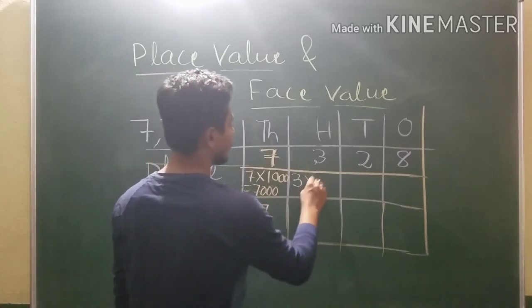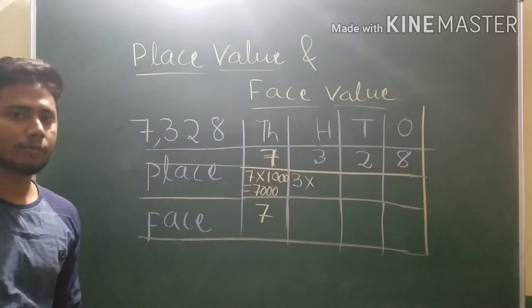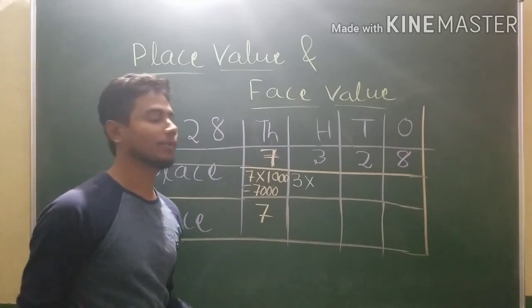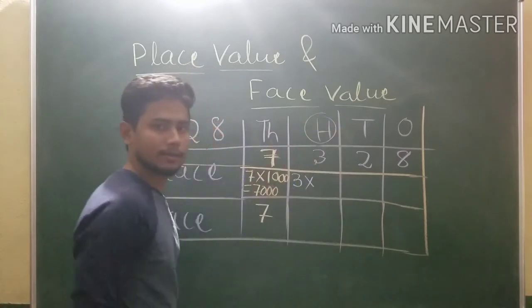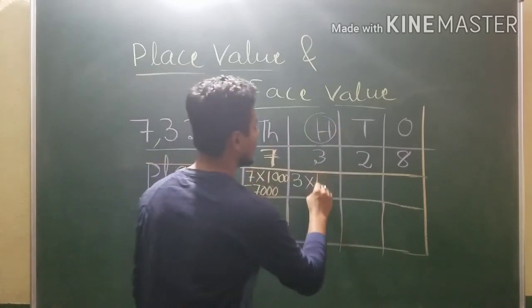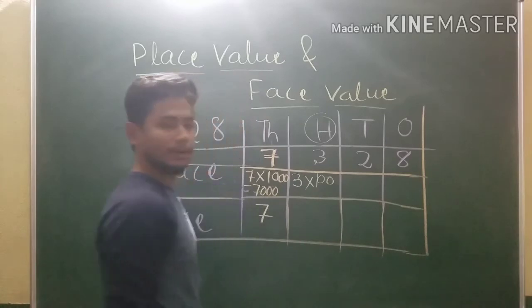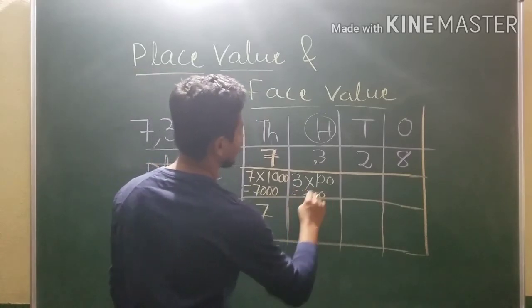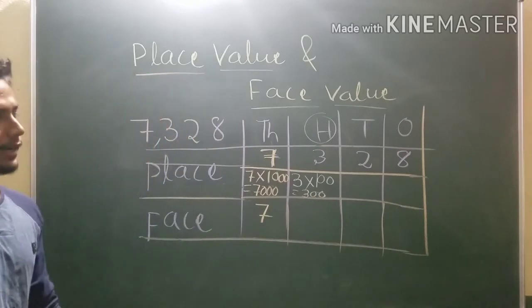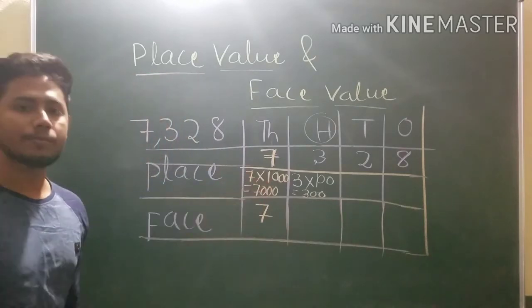Then put the multiply symbol. Then multiply with which number? Multiply with this place number, that means 100. 3 into 100 equal to 300. Am I right? So this is the place value of 3.